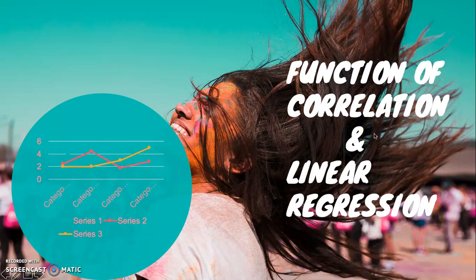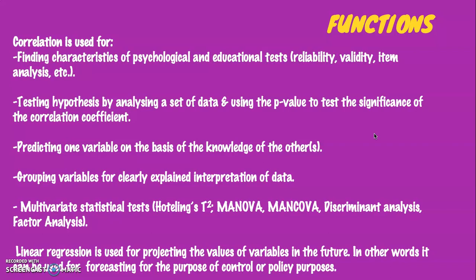What are the functions of correlation and linear regression? Correlation is used for finding the characteristics of psychological and educational tests, such as reliability, validity, and so on. Correlation is also used for testing hypotheses.